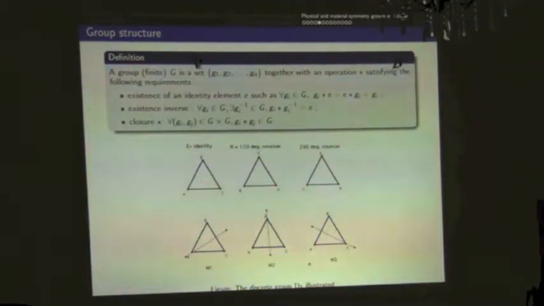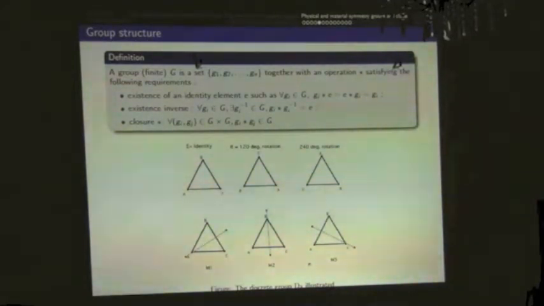And the last point is that for any element, you have an inverse. That means you take two elements, one is the inverse of the other, and the product will be the identity. And any element you can take in your set will have its inverse.